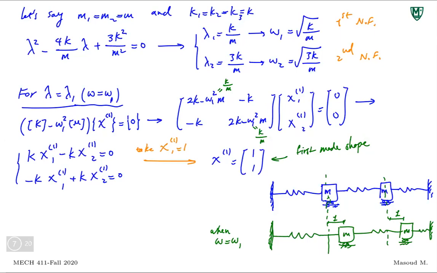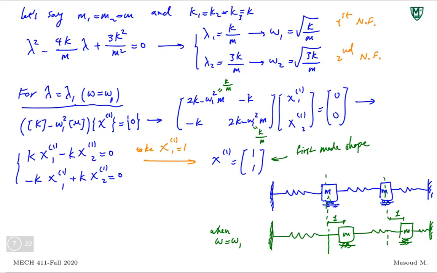They oscillate together. At any given moment, if mass 1 goes 0.1 to the right, mass 2 goes 0.1. 0.2, mass 2 goes 0.2. They move together in this case. If mass 1 goes through the equilibrium point and goes negative, if it goes minus 0.1 to the left, mass 2 also goes minus 0.1. They go to the left together, because the ratio should always be 1 to 1, the ratio between amplitudes. So if one of them is going minus 5, the other one has to go minus 5. So the ratio is always 1.